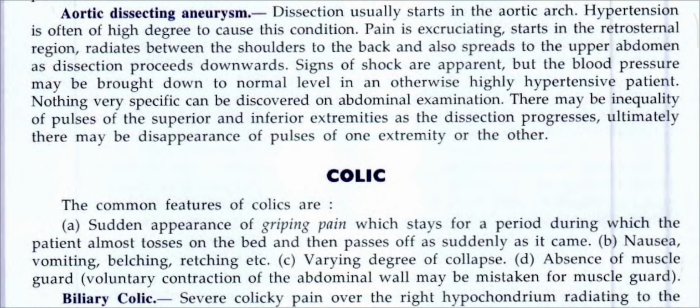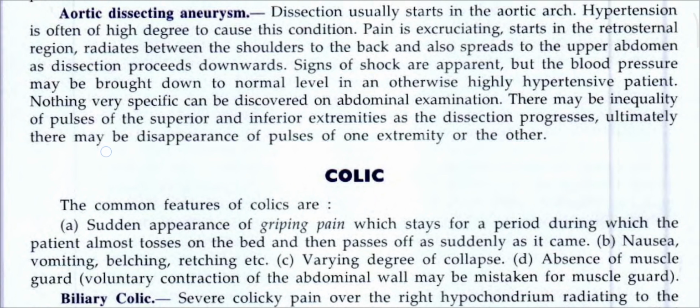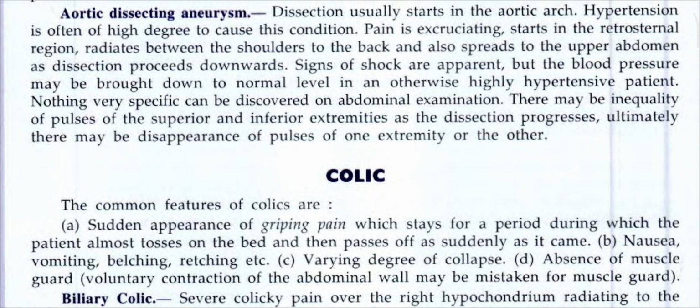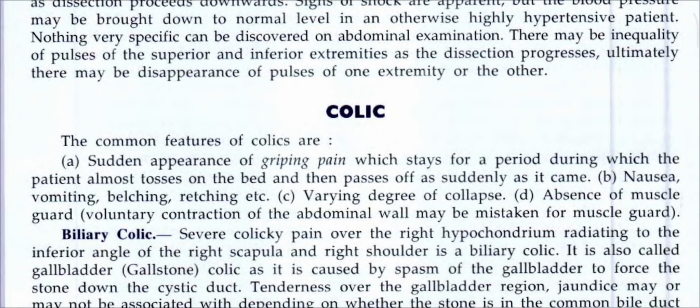Signs of shock are apparent, but the blood pressure may be brought down to a normal level in an otherwise highly hypertensive patient. Nothing very specific can be discovered on abdominal examination. There may be inequality of pulses of the superior and inferior extremities as the dissection progresses. Ultimately, there may be discrepancies of pulses of one extremity or the other.